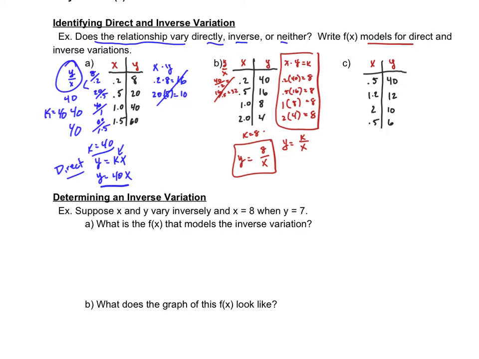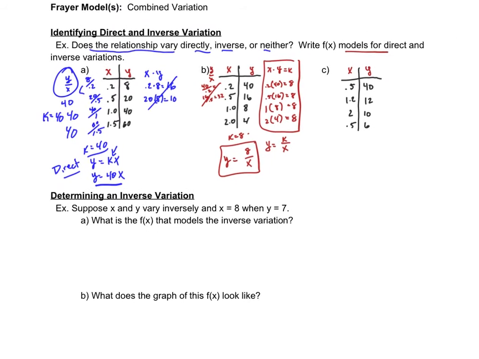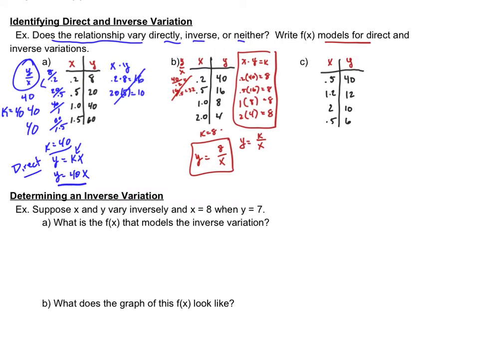And y equals 8 over x is the model for that. For this last one, I have 40 divided by 0.5, which is going to equal 80, and 12 divided by 1.2, which I think is 10. Either way, I know it's not 80.